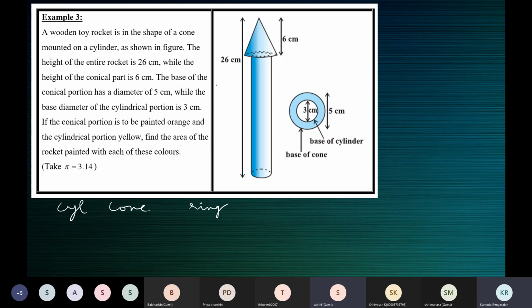What's the height of the cylinder? 20 centimeters. The ring is not a solid. The ring is a plane figure. The two solids are the cylinder and the cone.